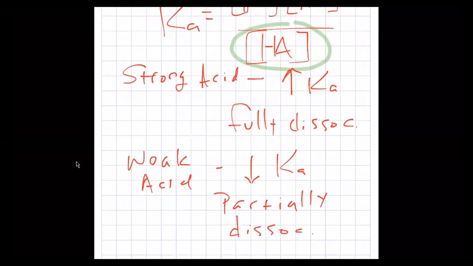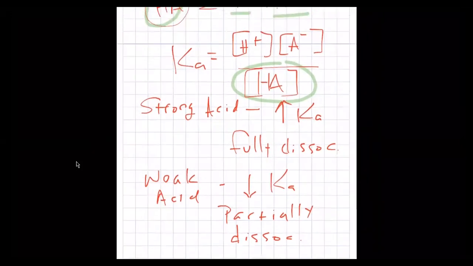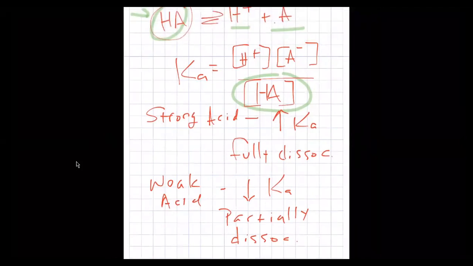What does that mean for HA if it's only partially dissociated? That number gets a little bigger, doesn't it? In the denominator. Yeah. So that means Ka is going to get smaller as there's more and more HA left over. Right?